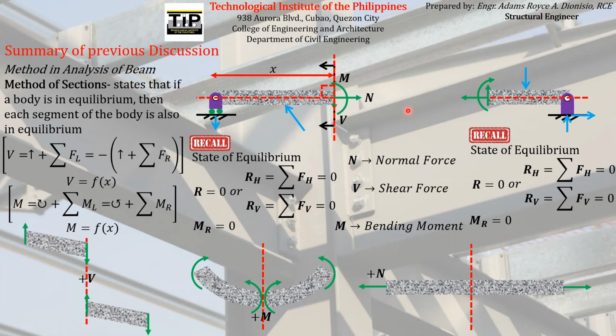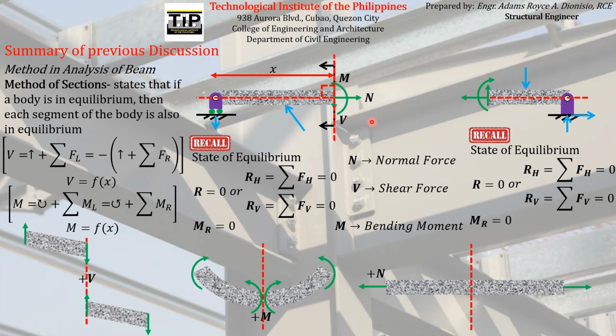But in real life, guys, as a civil engineer, every time we design a structure, say for example, a beam, we are not actually concerned with all of the shear and moment as well as the normal force acting along the beam.